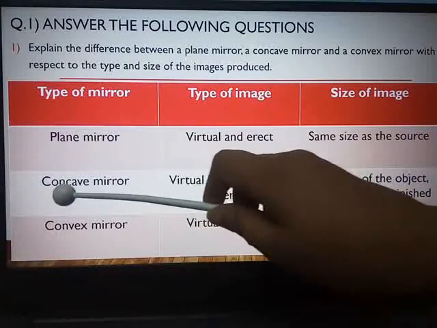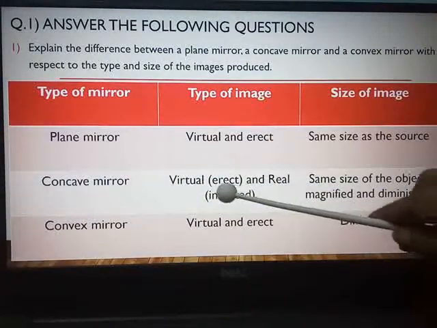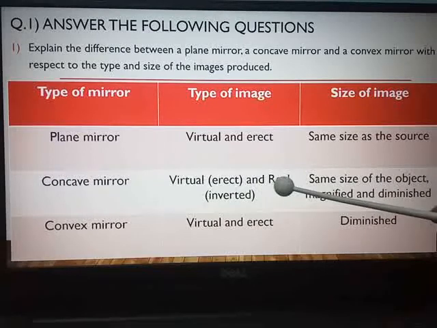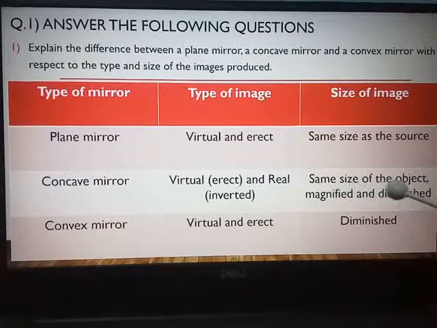In the case of concave mirror, we get virtual, erect and real image, that is inverted, both types. Virtual, erect and real inverted. Size of the image is same size of the object, magnified and diminished.